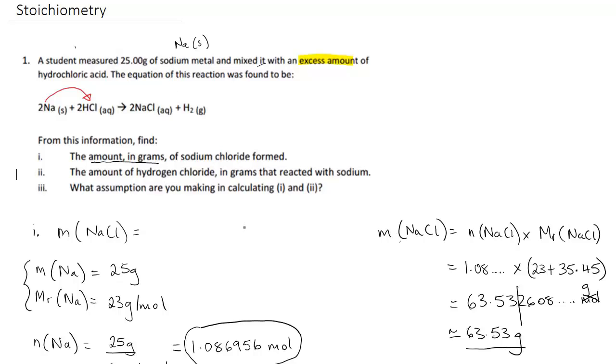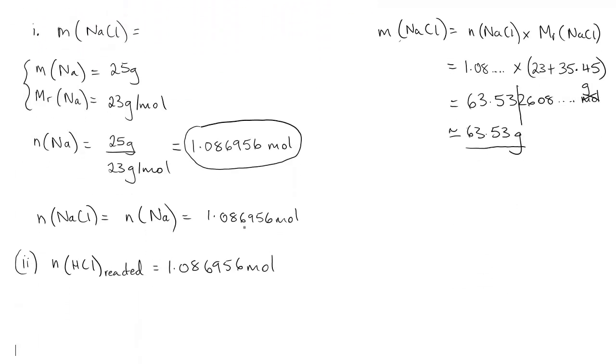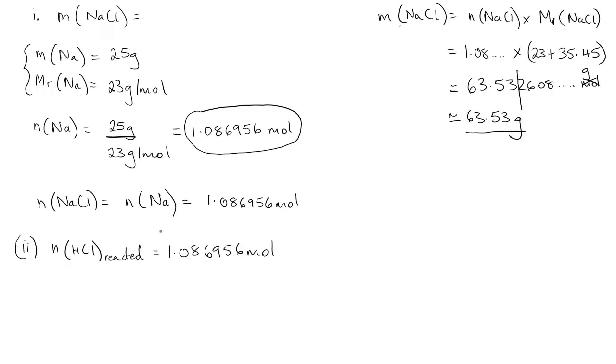And for the amount in grams, we have to convert this using the molar mass, which is 36.45 gram per mole.